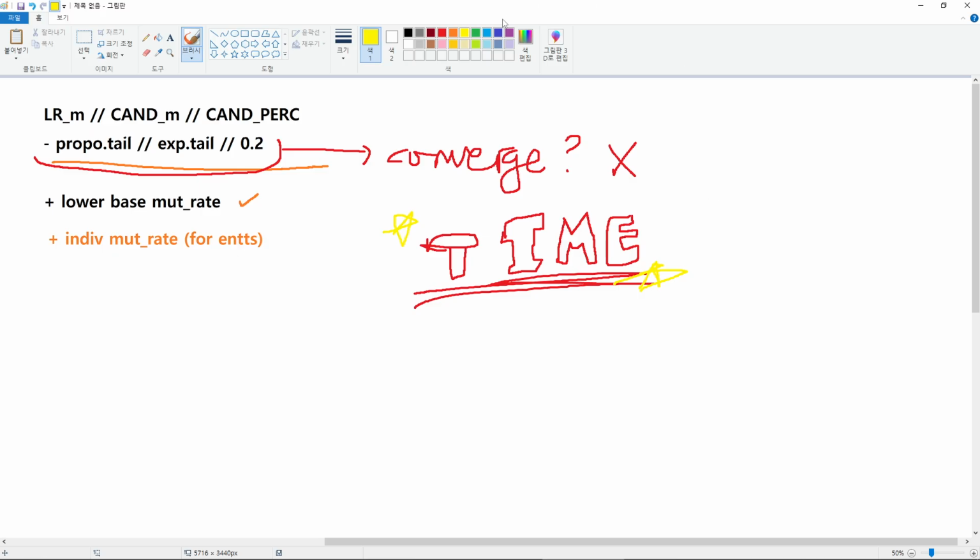And that is why the individual mutation rate was introduced, and that is why the lower base mutation rate was introduced. So that's all good, and that's why 0.2 stays 0.2 candidate percentage.